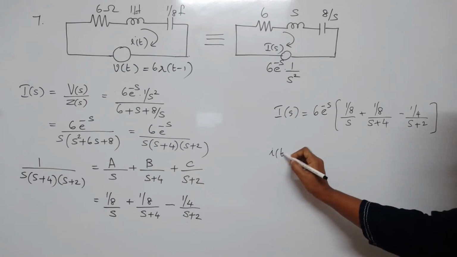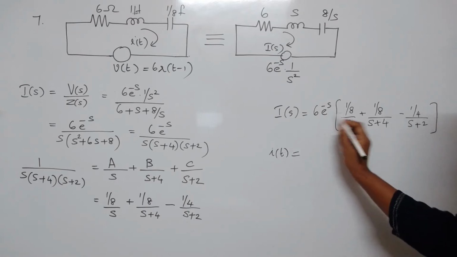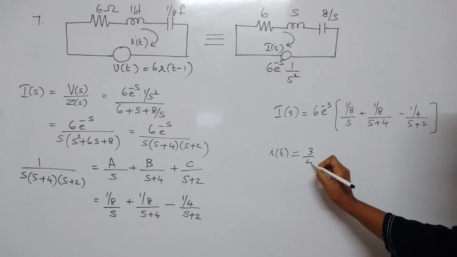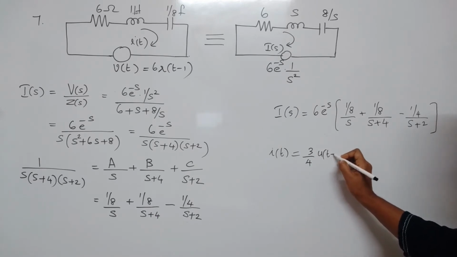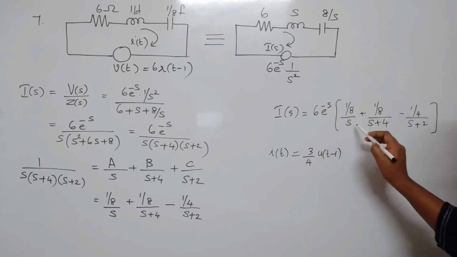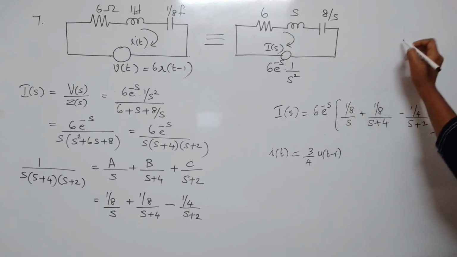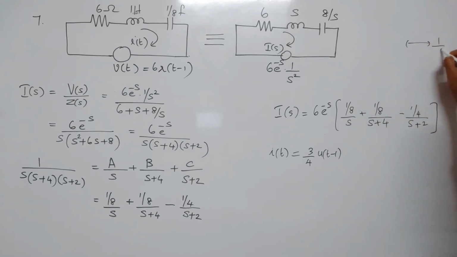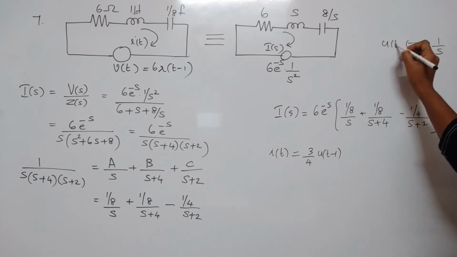This will be equal to 3 by 4 into u of t minus 1. 1 by S is u of t, Laplace inverse of 1 by S is u of t.